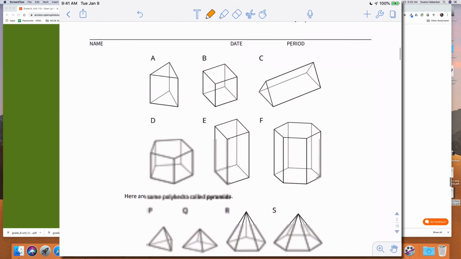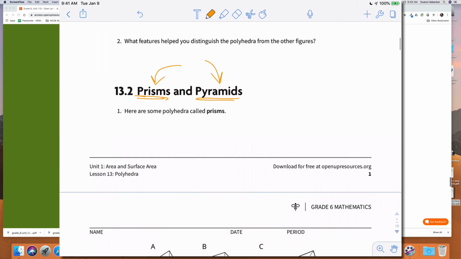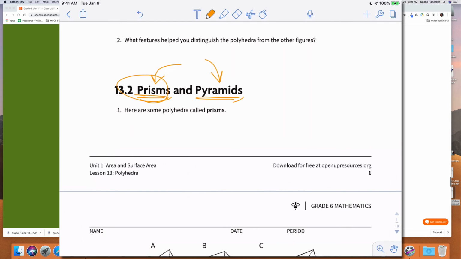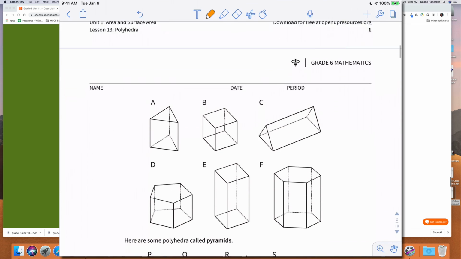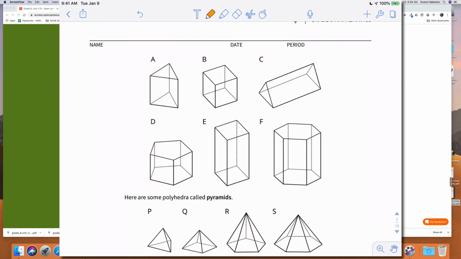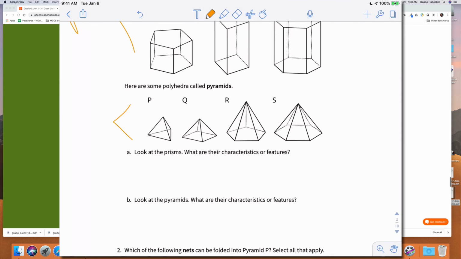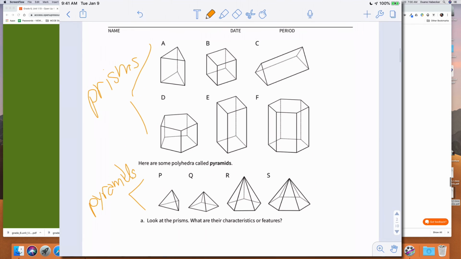So we're going to talk about the difference between prisms and pyramids. Here are some prisms right here. These are all prisms. And then these are pyramids. So what's the difference between these two?